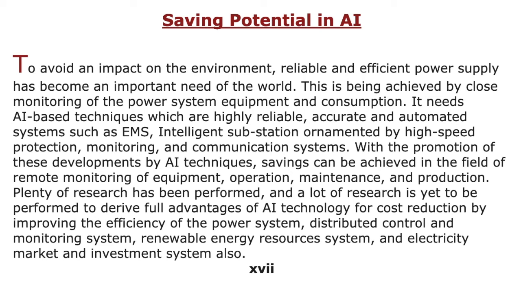With the promotion of these developments by AI techniques, saving can be achieved in the field of remote monitoring of equipment, operations, maintenance, and production. Plenty of research has been performed, and a lot of research is yet to be performed to derive full advantages of AI technology for cost reduction by improving the efficiency of the power system, distributed control and monitoring system, renewable energy resources system and the electricity market and investment system also.